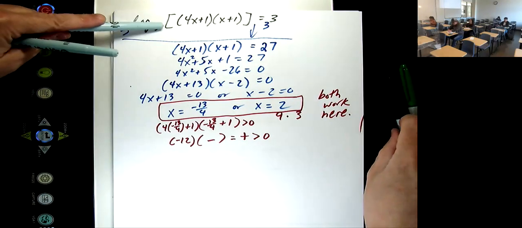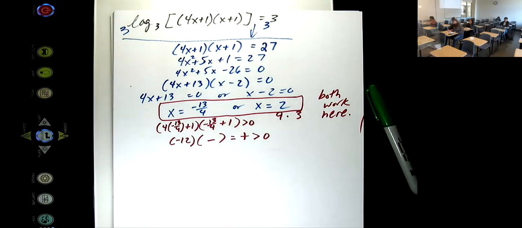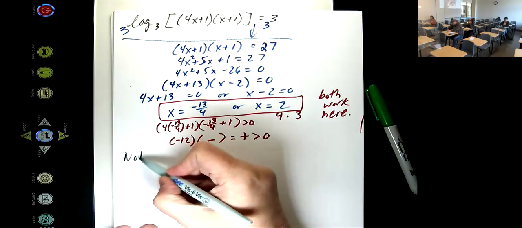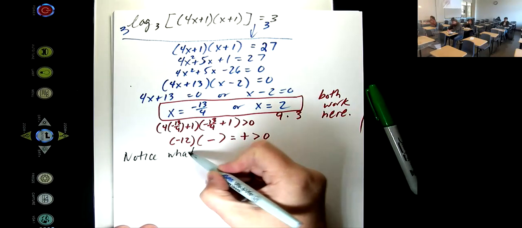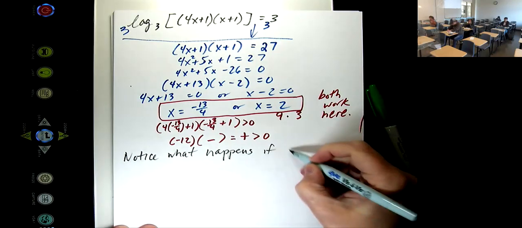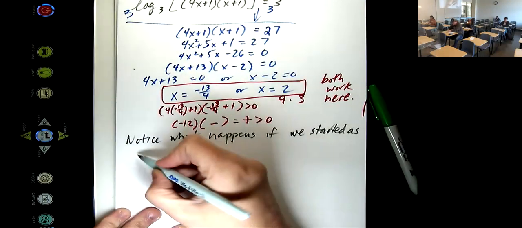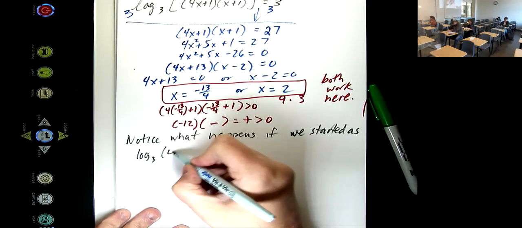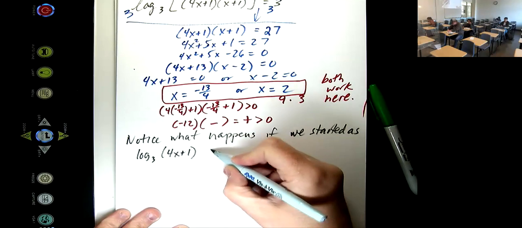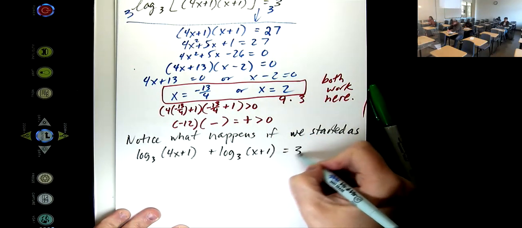Only because I started with the equation in this form. Notice what happens if we started as log base 3 of 4x plus 1 plus log base 3 of x plus 1 equals 3.